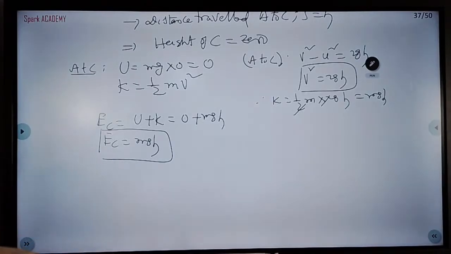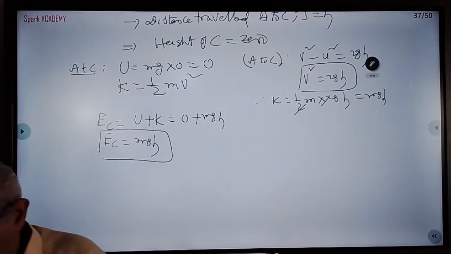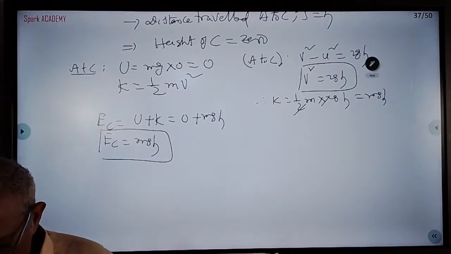So this is what they ask in the long question, along with some numerical for students. Along with these 6 marks, generally they ask a problem.